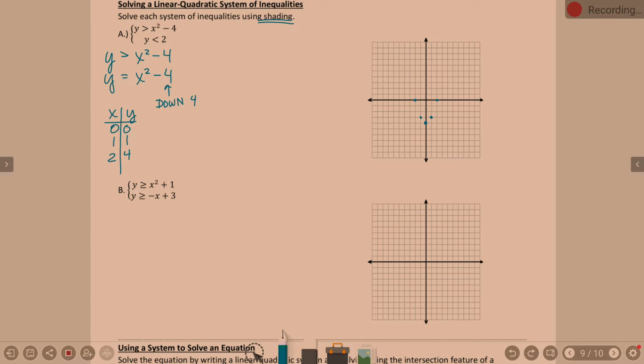Remember, if it's not equal to, we're going to use a dotted, or I usually say dashed line. I'm going to write dashed, and dashed is because it's either a greater than or less than symbol. It's not equal to.